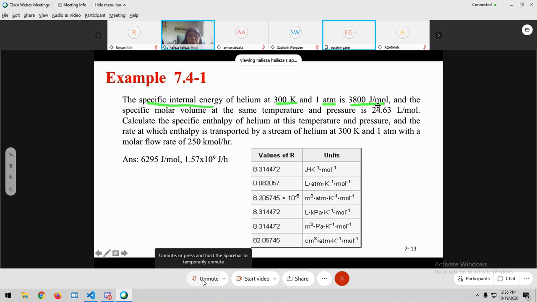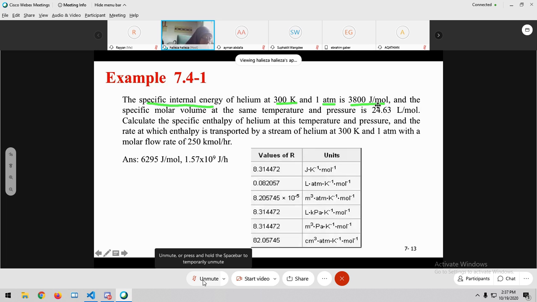Okay, the specific molar volume at that same temperature. Specific molar volume means per unit mole. What is it? 24.63 liters per mole. What is required? The specific enthalpy.